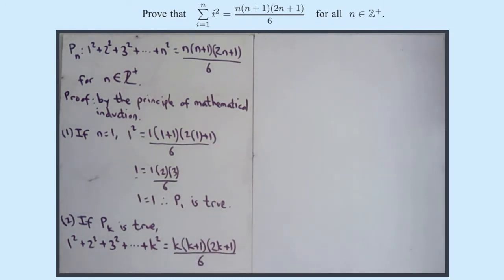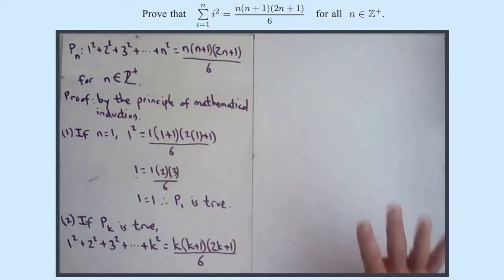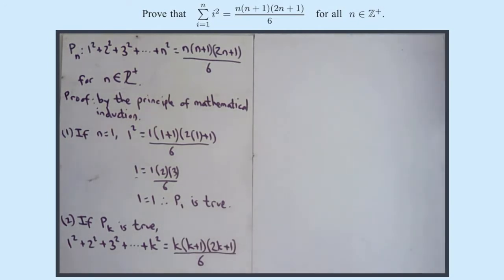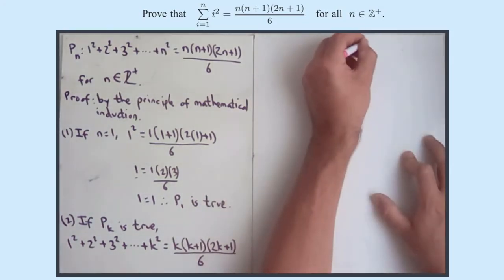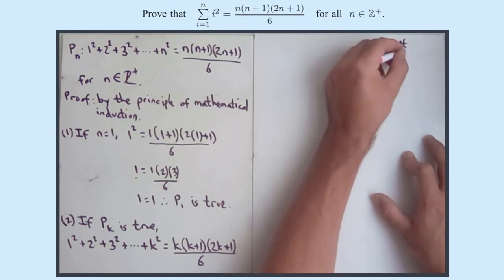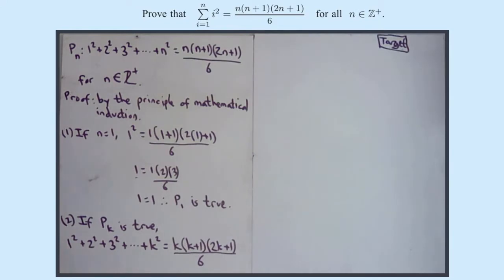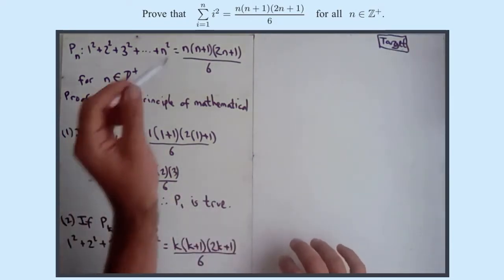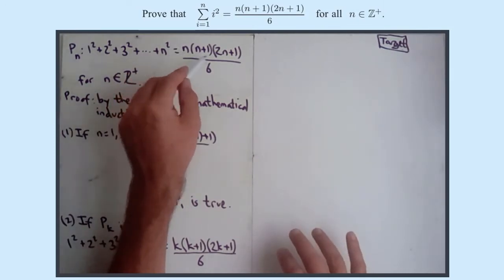Right, so now the next step is to find an expression for the (k plus 1)th case. But for something like this, I would very much recommend having a target in mind. You need to know what you're actually aiming at. So I'm just going to put this over here. Target. Otherwise, you can get lost and even forget what you're trying to achieve. So the target for our k plus 1 expression is this, but wherever you see an n, you write k plus 1.